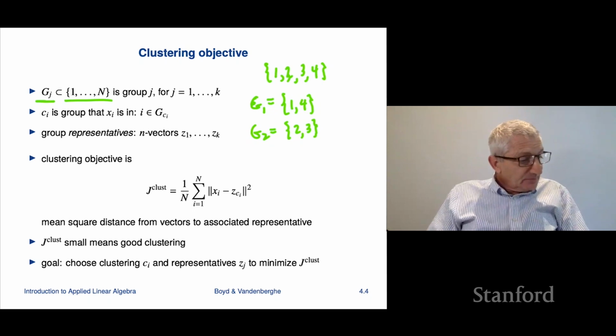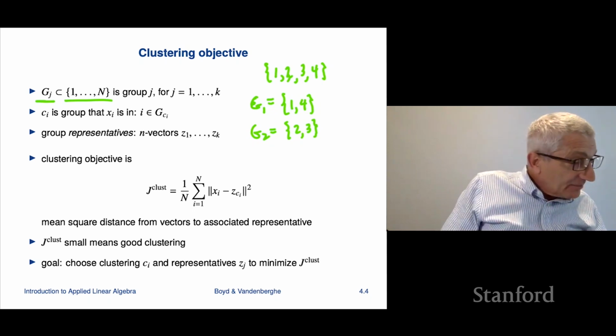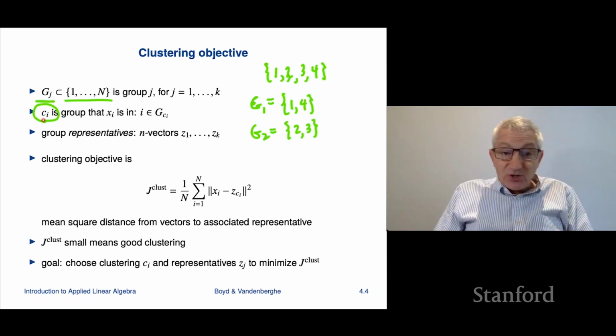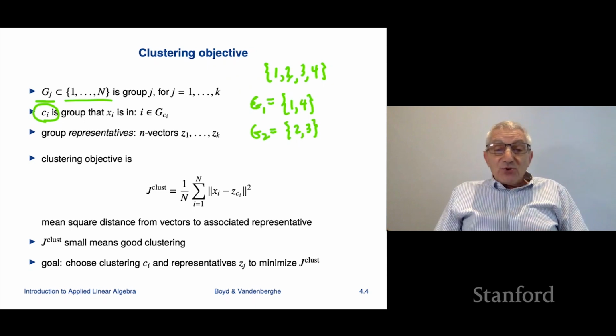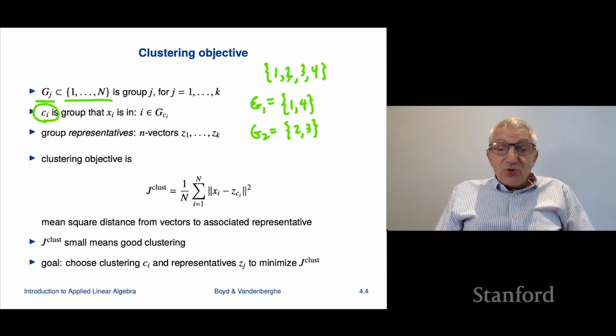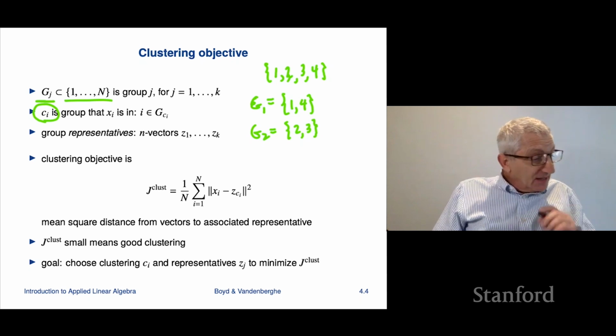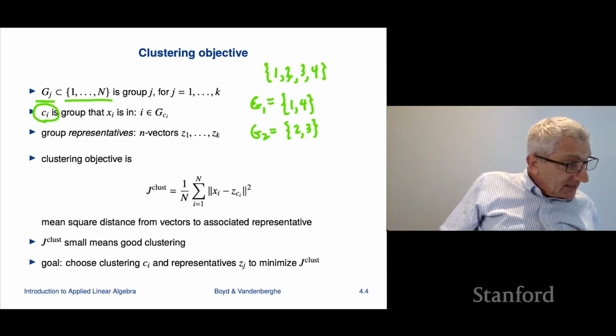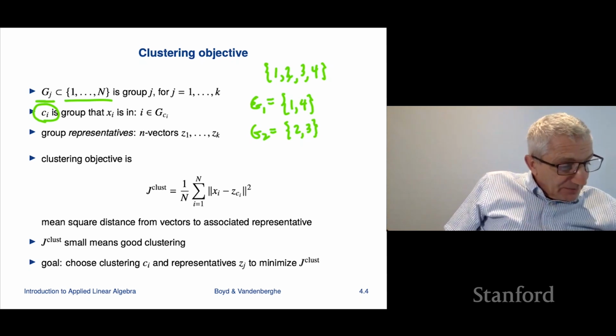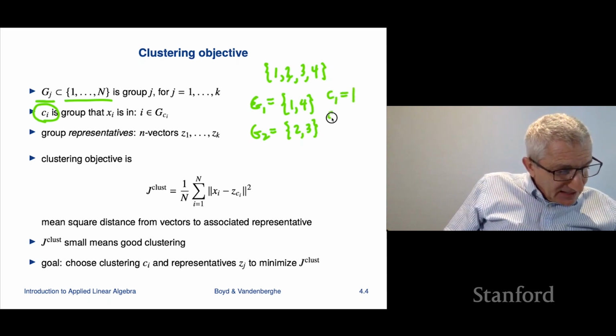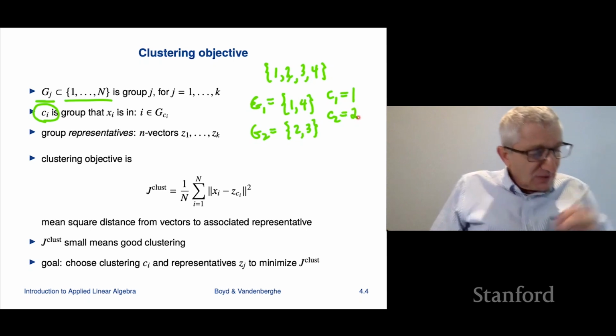Okay. Now we're also going to use C sub i. So C is a vector, which is capital N long. And what we're going to do is C sub i is going to give you the group that x_i is in. So in this case, C1 is going to equal 1, and C2 equals 2, right?